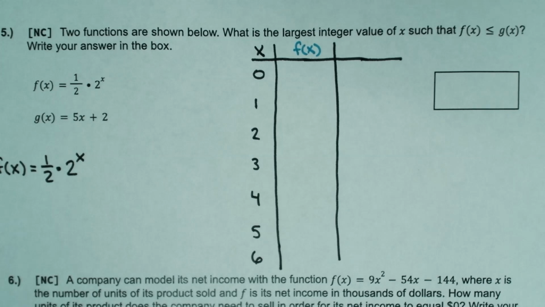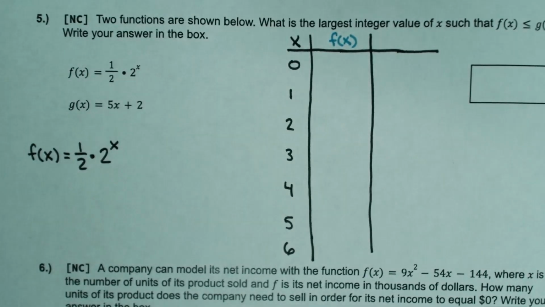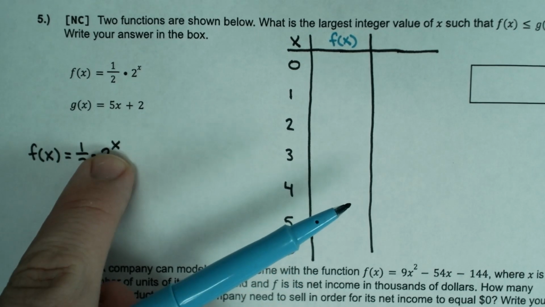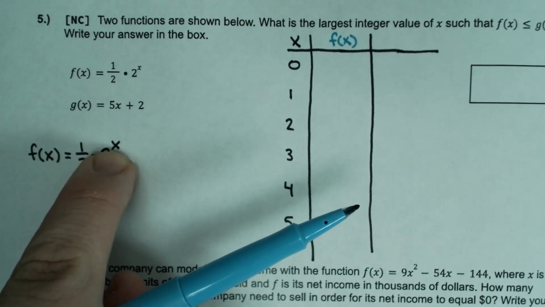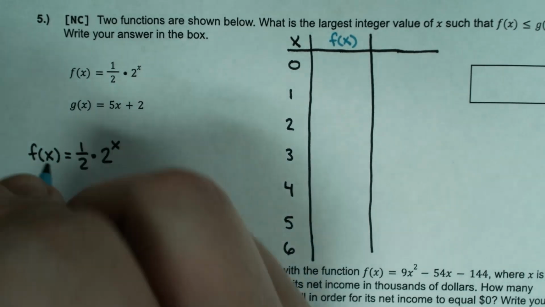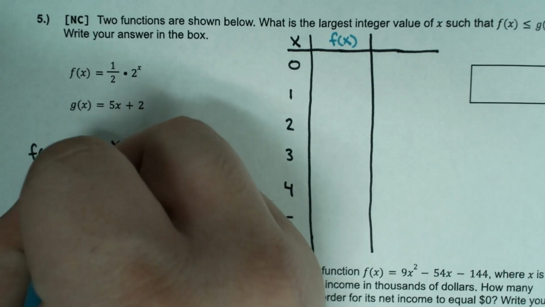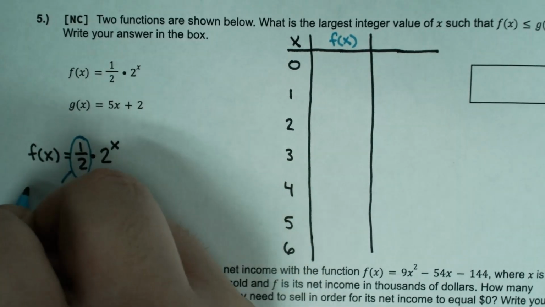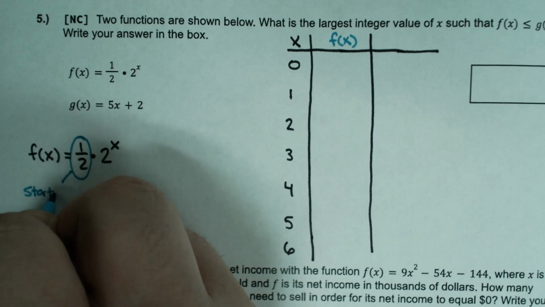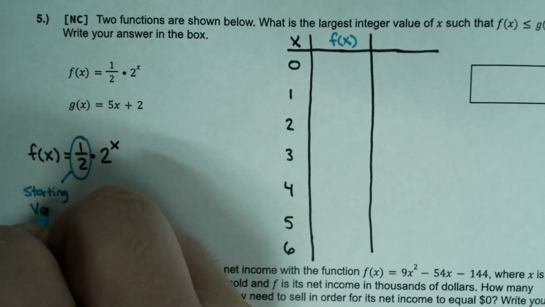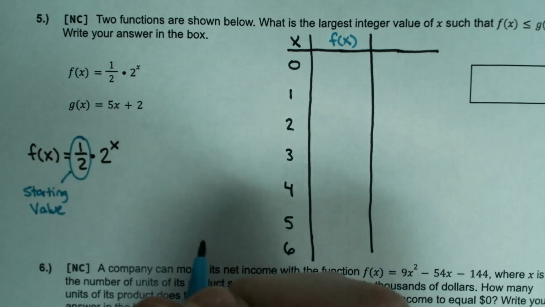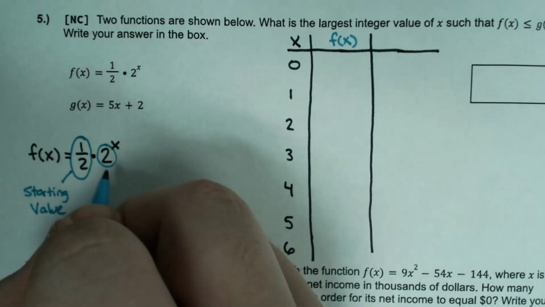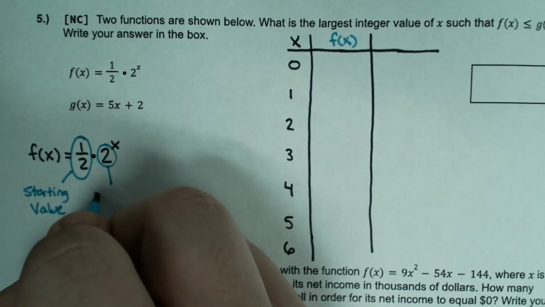The function f of x is an exponential function. You know that when it's got a little exponent that's got the variable in it. And how these are always written, 1/2 is your starting value, and 2 is your multiplier.